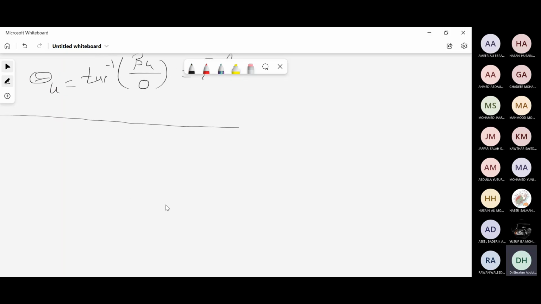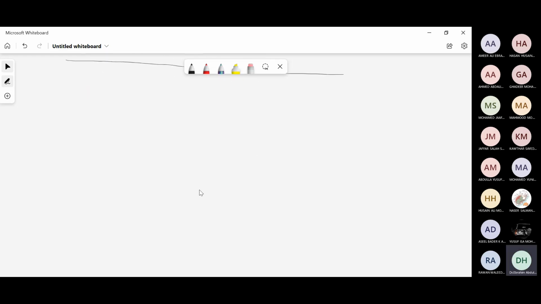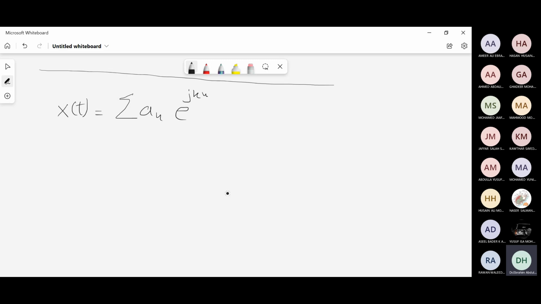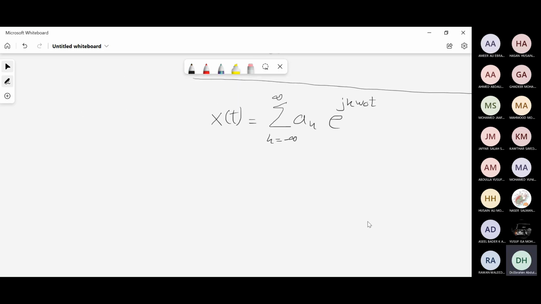Okay, the important thing here, if you want to use any form, let me start with form number 1: x of t equal to the summation of a_k e to the power of jk omega naught t, k from minus infinity to plus infinity. What we want exactly is, we have a periodic signal, any periodic signal, for example this one.